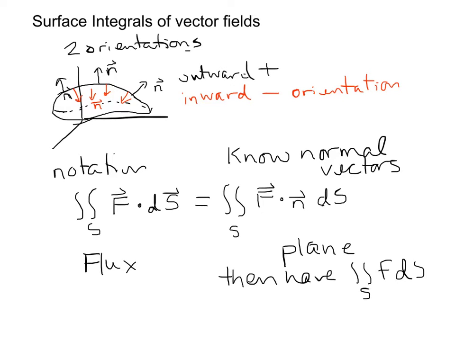All right, so starting with the formula. I'm just going to write down the formula with that normal vector again. This is for a surface integral. We take the vector field dotted with the normal vector dS over a surface.